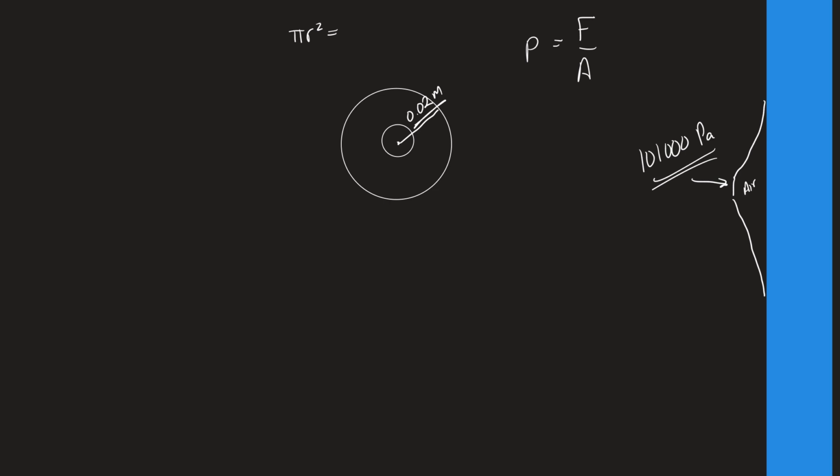You've got to do the work there. I certainly ain't doing the work. I'm getting my tea. Boy, so very small. 0.001256 meters squared. Boy, it's not very much area.